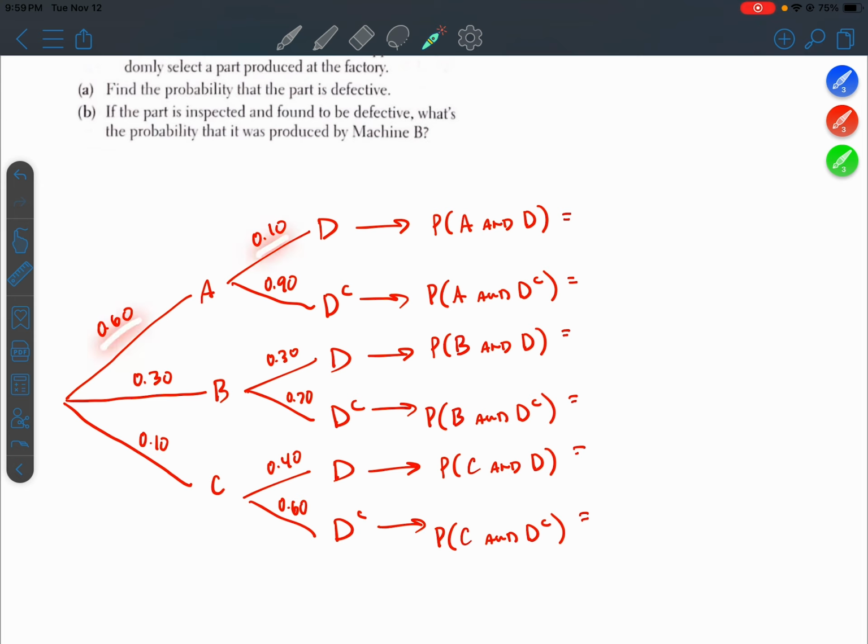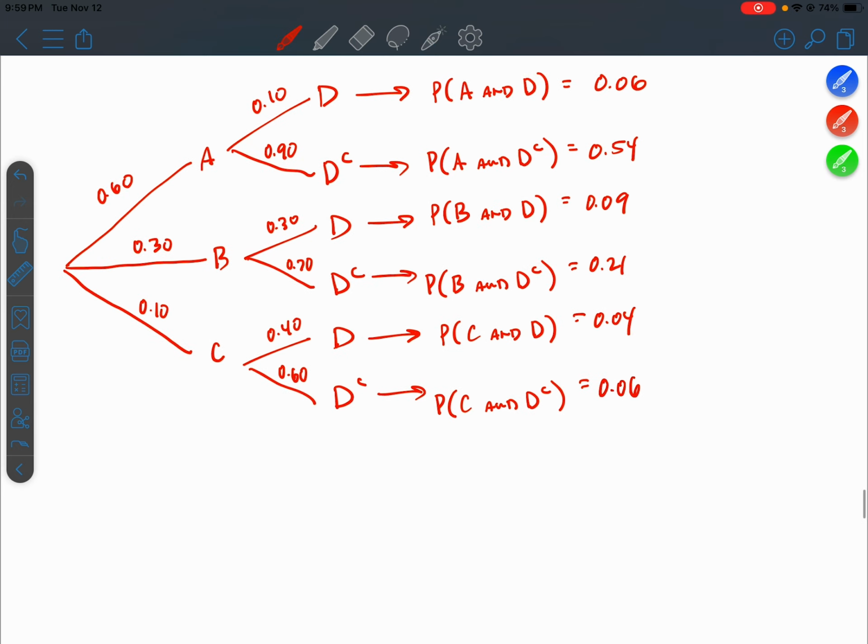All right, so 60% times 10% is 6%. 60% times 90% is 54%. 30% times 30% is 9%. 30% times 70%, that's 21%. 10% times 40% is 4%. 10% times 60% is 6%.